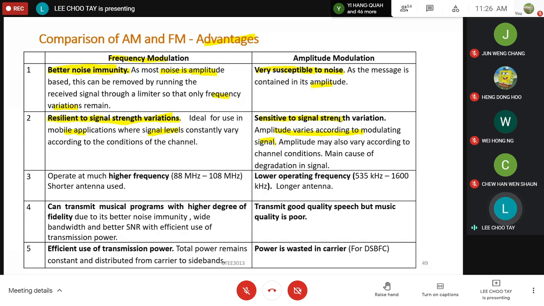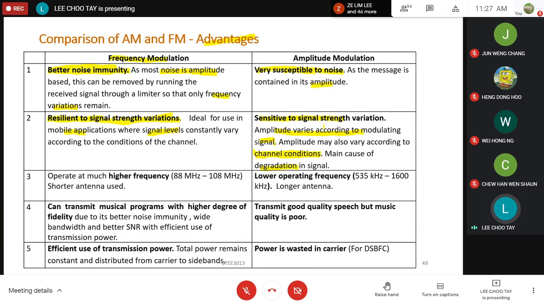The channel may also change the amplitude, so the message or the amplitude might be affected, again due to noise and also due to distortion of the channel. Therefore, the AM signal is easily degraded in the channel as well.